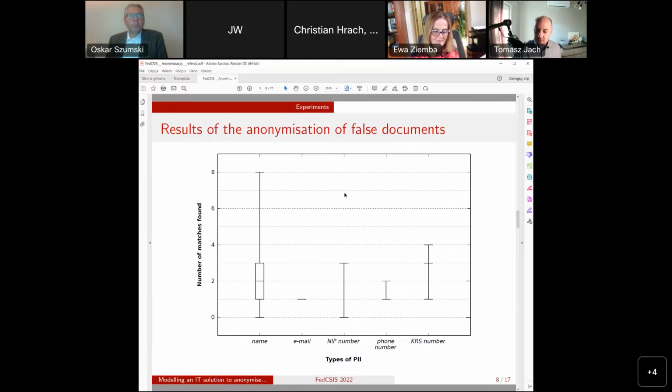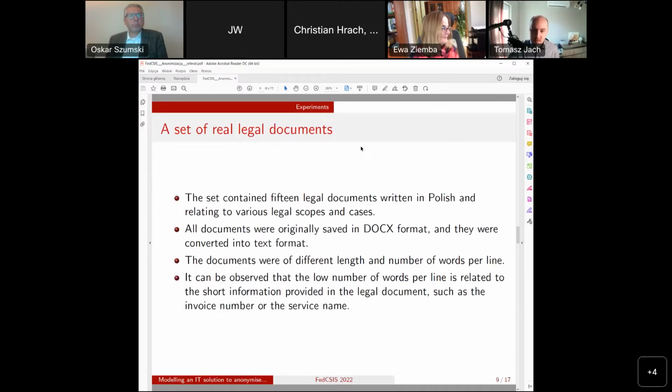For the numbers, like the phone, KRS, and NIP numbers, the situation was because these numbers are just a fixed-length sequence of digits. Sometimes a random sequence of numbers, such as a NIP number, even though it's self-validated, produced a perfectly validated result.